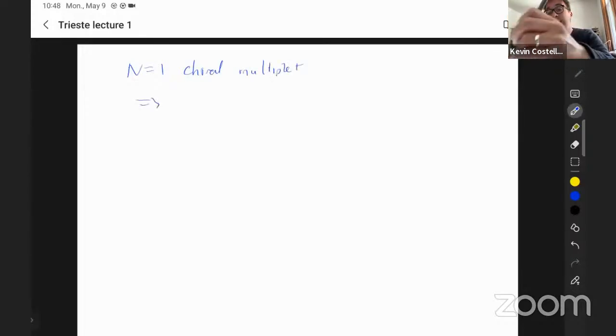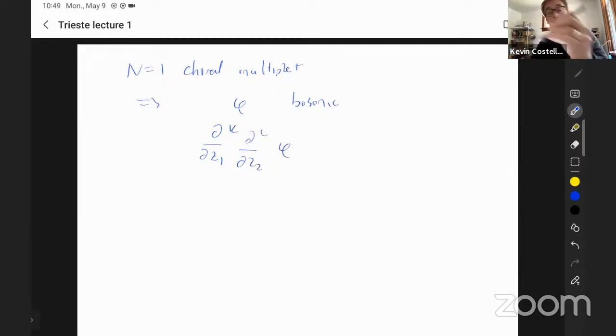Then we're left with one bosonic field and all its derivatives in Z1 and Z2, and one fermionic field and all of its derivatives.